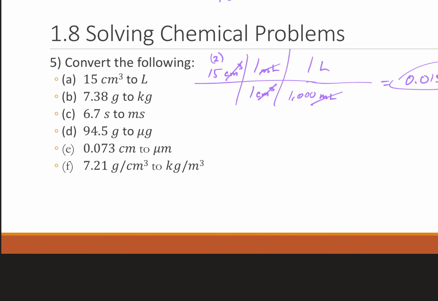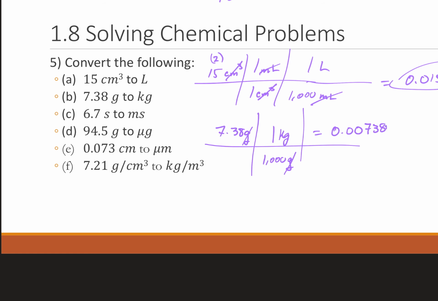For the next one, 7.38 grams to kilograms. Again, our measured value is 7.38. Going to kilograms, you have 1,000 grams per kilogram. Grams cancel out. And so now we get 0.00738 kilograms.